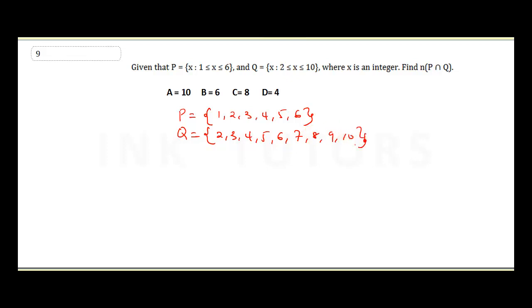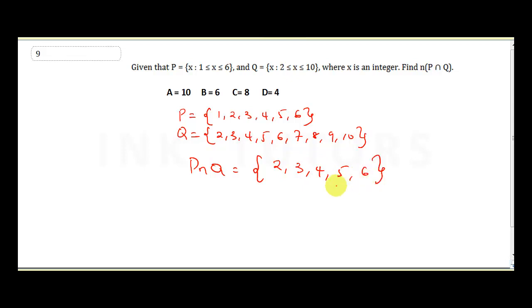And it says find X, where X is an integer. Find n of P intersection Q. Now, remember our intersection, we're looking for numbers that are common, so we have 2, 3, 4, 5, and 6.